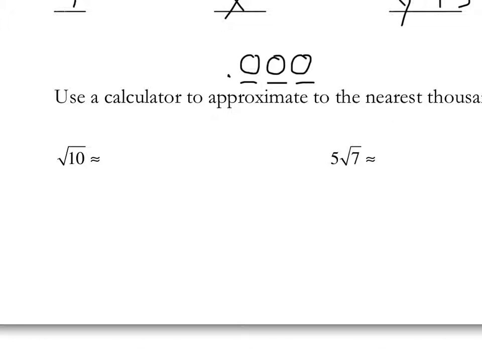Let's use our calculators and find the square root of 10. It is approximately 3.162. The digit after that is the number 2, so we leave it as 2.